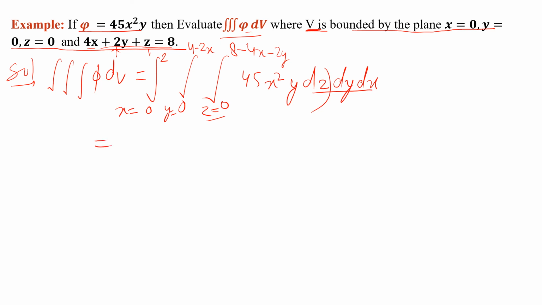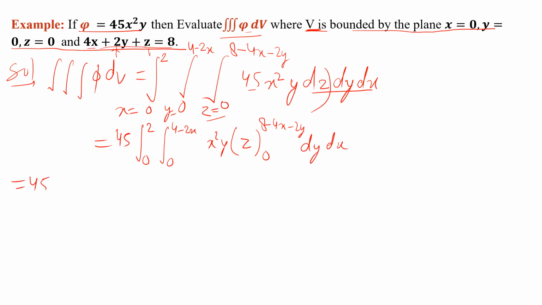So if you take the integration with respect to z, this 45 is constant, so we write 45 integration 0 to 2, 0 to 4 minus 2x, that's the limit of y, and we write x²y, and the integration of z, apply the limit 0 to 8 minus 4x minus 2y dy dx.